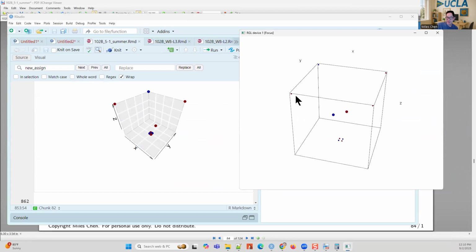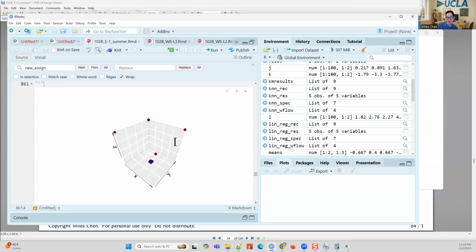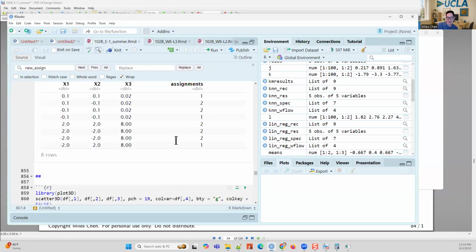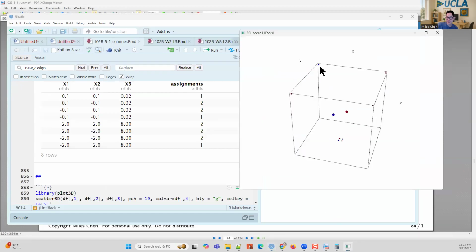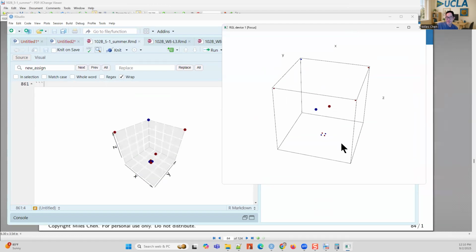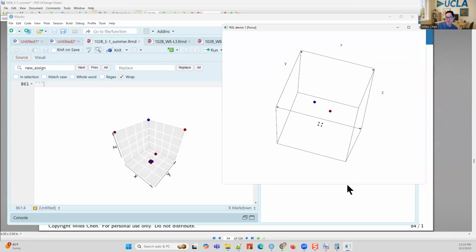So we have the 4 points at 2 comma 2 and, what is this? This top one is at negative 2 comma 2. I guess this is negative 2 negative 2, 2 comma 2, 2 comma negative 2, and then you have these different points. We have red and blue here, and so you can kind of see this.